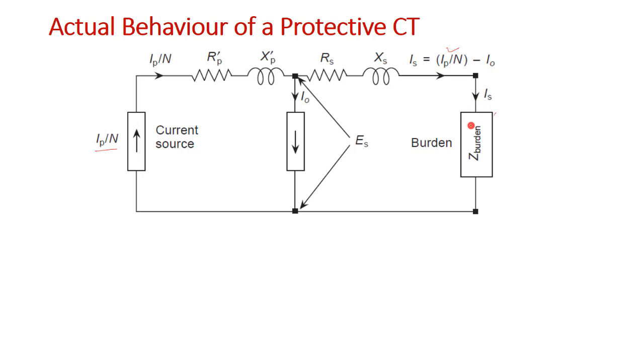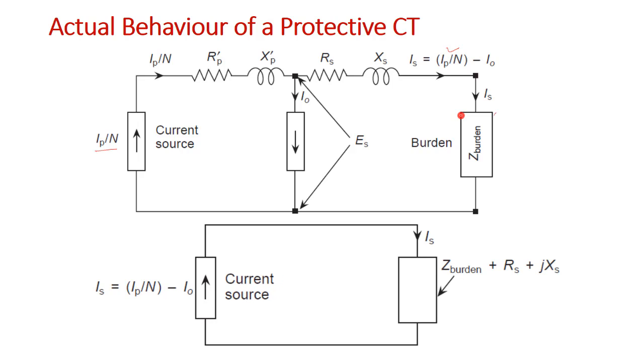That is IS, the exact secondary current flowing through the burden. Now if we simplify this circuit a little more at the secondary side, I can say IS is a current source equal to IP by n minus IO, and it is flowing through the burden.